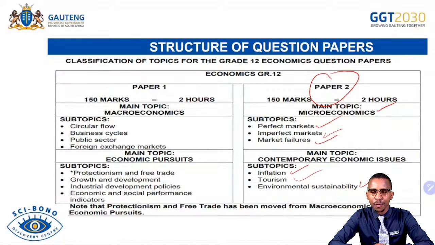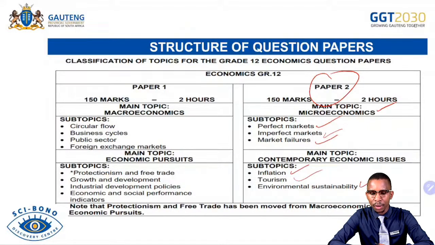It is very important for you to remember that microeconomics can be found in section A, question 1. It will also be in question 2 under section B. It will also be in question 4, where it will be combined or mixed with economic issues. Then in section C, you can come across microeconomics in question number 5.